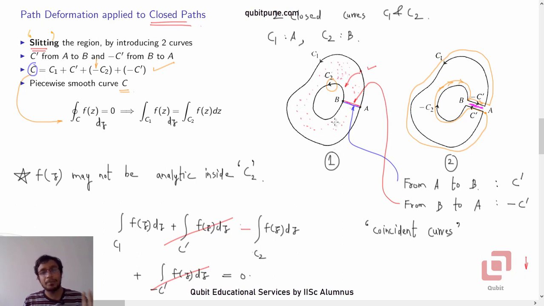Now the function f of z need not be analytic inside C2. It may still have some points where it is not defined, but as far as the deforming of C1 to C2 is concerned, the result is totally applicable.